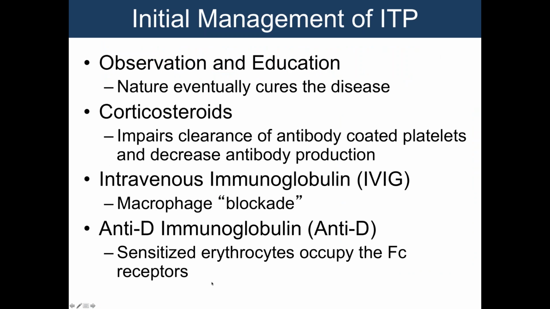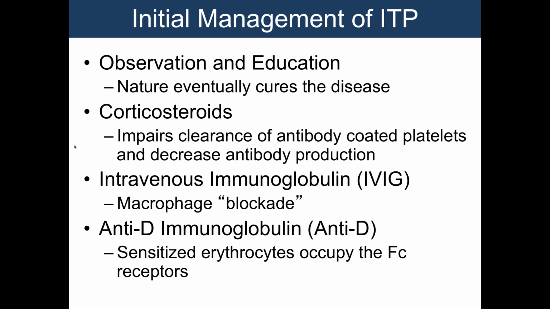So we have a couple of options for the initial management of ITP, and these include observation and education, where eventually nature will cure the disease. We can provide corticosteroids that dampen the antibody production process as well as impair clearance of our antibody-coated platelets. We can use IVIG, which provides a macrophage blockade.